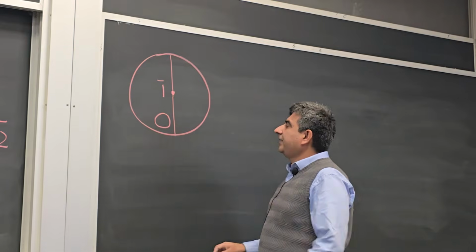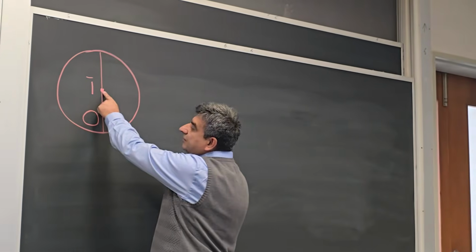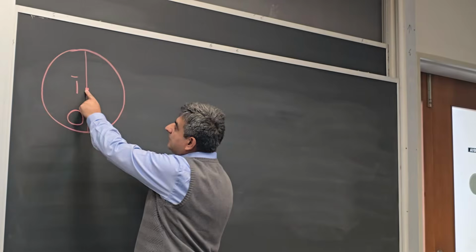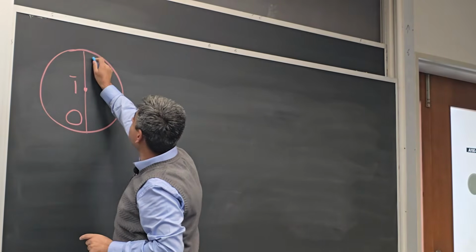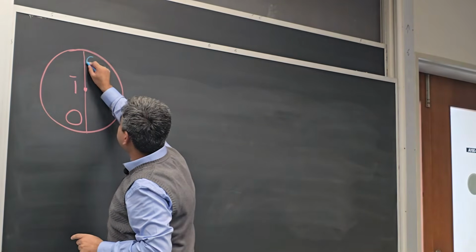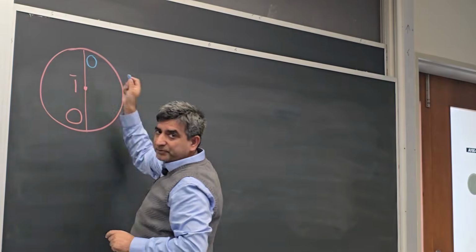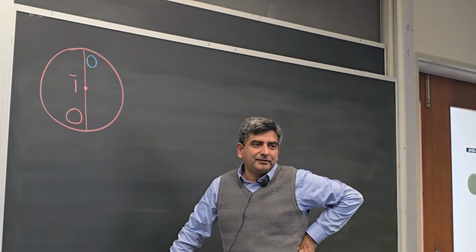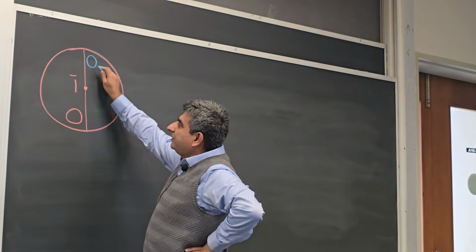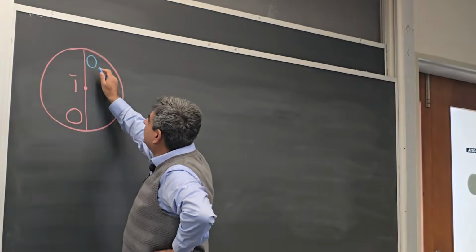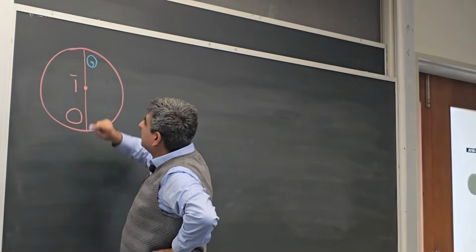What this does is it creates a point here on the opposite side, but then this point also has to become the enantiomer of this point.